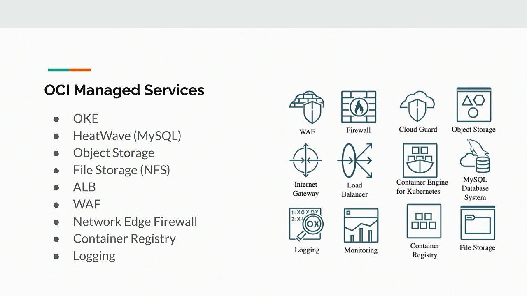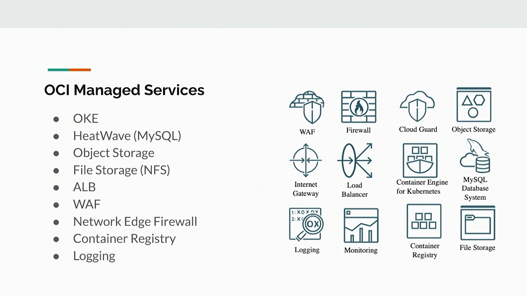Then there is a service named Heatwave. Heatwave is a MySQL service. It's just like the Aurora service we have in AWS to set up databases. Then there is object storage.